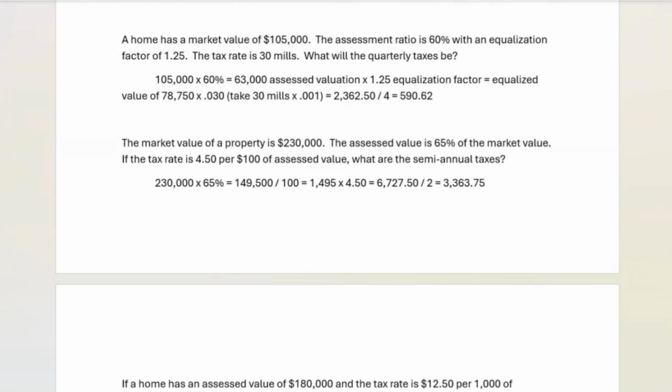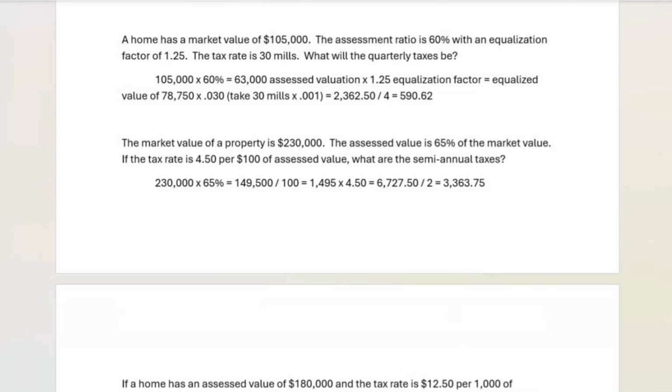In the next scenario, if you have a market value of $230,000 and it's assessed at 65%, you would multiply that out, and that would give you $149,500 assessed valuation. In this problem, they are not giving you an equalization factor, so that is the number you will work off of. The taxes are per $100 of assessed value, so you have to find out how many increments of 100 are in that $149,500.